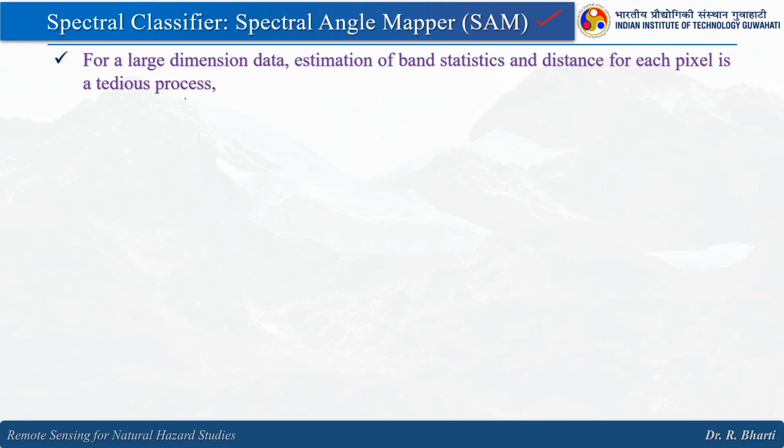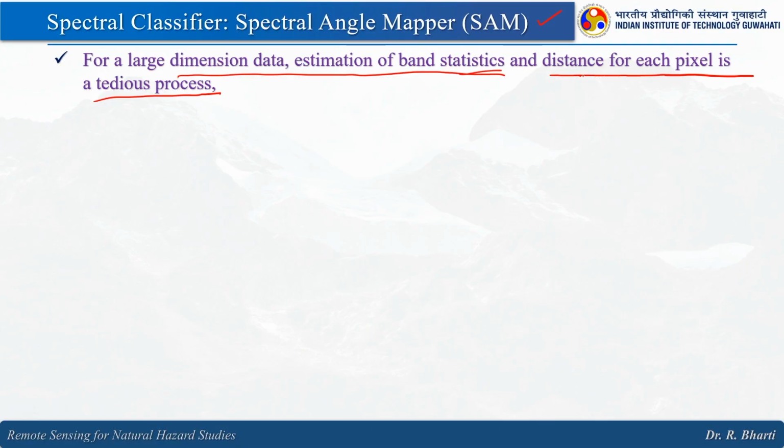So, let us talk about this SAM, spectral angle mapper. Here for large dimension data, estimation of band statistics and distance for each pixel is a tedious process, because when you understand the multispectral classifier, you will understand how tedious it is to find the band statistics and distance from each pixel to the class mean or category, right.